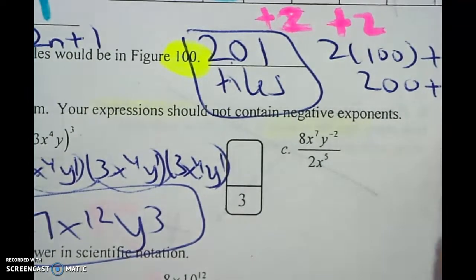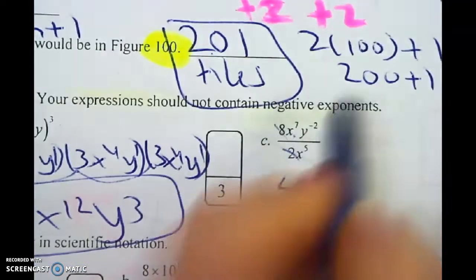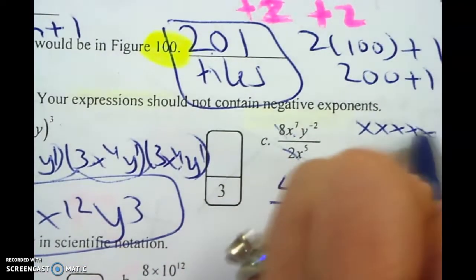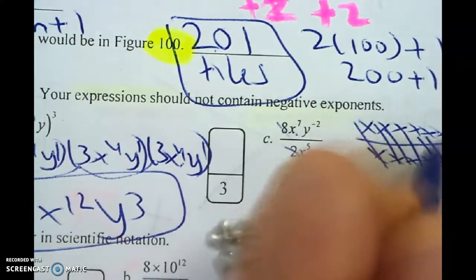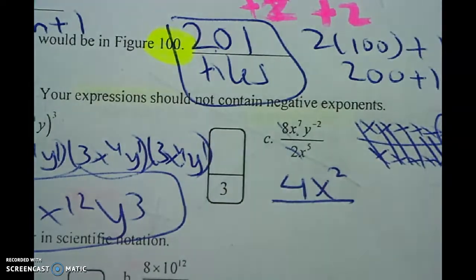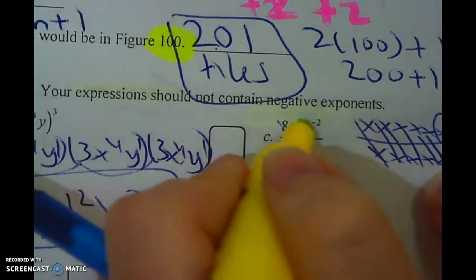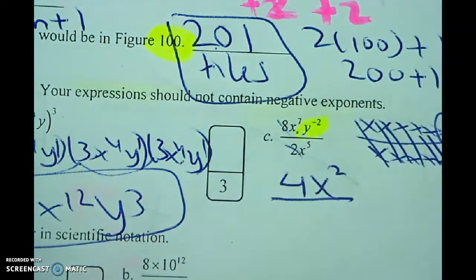So this one, 8 divided by 2 is 4. I have 7 x's on top. 1, 2, 3, 4, 5, 6, 7. 1, 2, 3, 4, 5. So I'm left with 2 of them on top. My only issue that's a little bit different is this y. Problem is I can't take 2 away because there's not even 2 to take away.